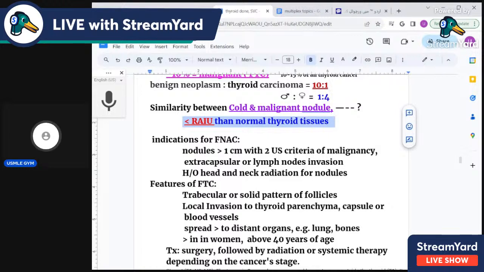So, what are the indications for fine needle aspiration cytology or biopsy? Nodules of more than 1 centimeter with two ultrasound criteria of malignancy. In another video, we discussed the ultrasound features. They are microcalcification, hypoechogenicity, irregular border, increased vascularity, which are the ultrasound features of a malignant nodule.